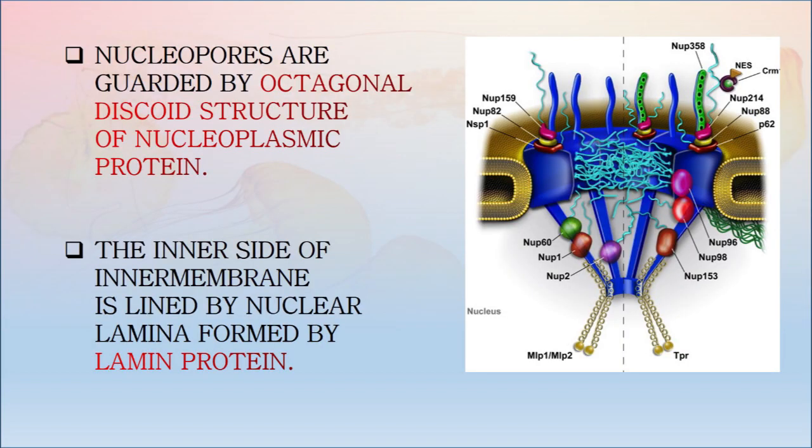Nucleopores are channels guarded by octagonal discoid structures of nucleoplasmic protein, and the inner lining of the inner nuclear membrane is guarded by lamin protein. The figure represents the complexity of nucleopore structure and the orientation of protein structures surrounding the nucleopore.